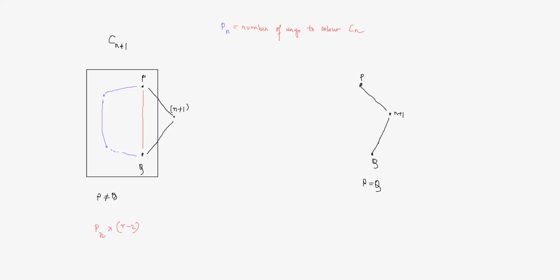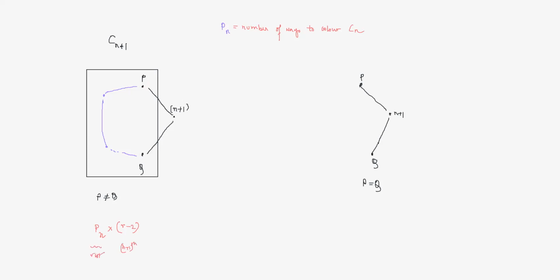That means the number of ways to color till PQ is Pn. But since P and Q are different, the n plus 1th vertex can be colored in r minus 2 ways, because two possibilities are gone out of the R colors. So R minus 2 ways for the n plus 1th vertex, and Pn for the rest of the vertices.